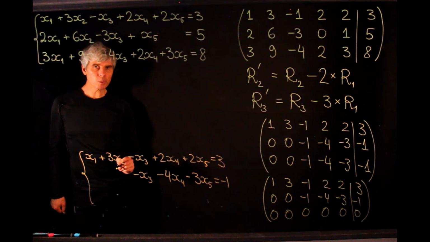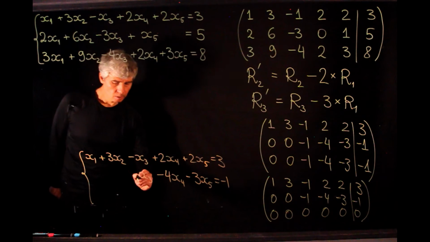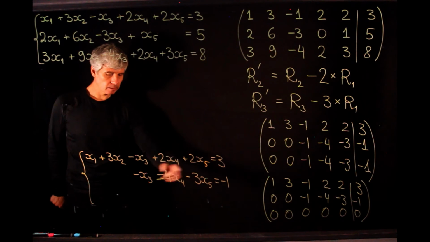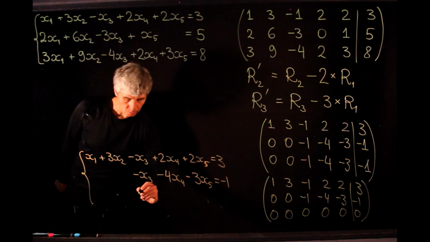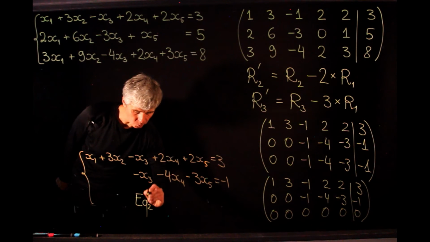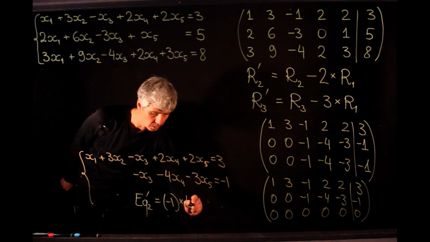Let us make one more step simplifying this system of equations. I want to switch the sign of the second equation. So let's take new equation 2 to be -1 times equation 2.